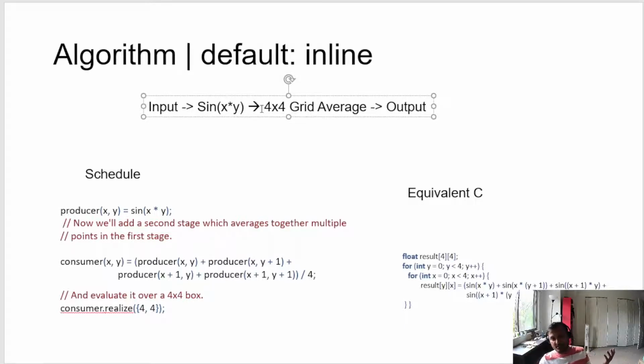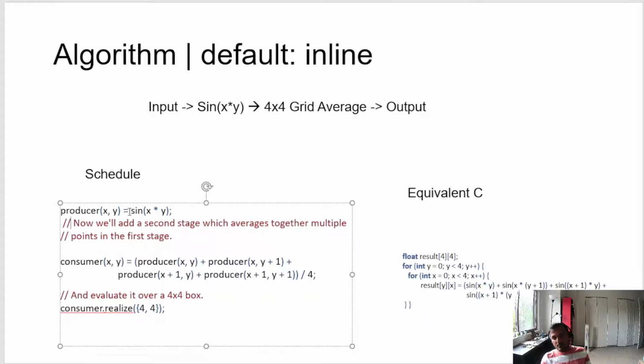It's just terminology. In multi-stage pipelines, the parent of each stage is its producer and the child of each stage is its consumer. So in step one, we compute the sign, and in step two, we compute the average.